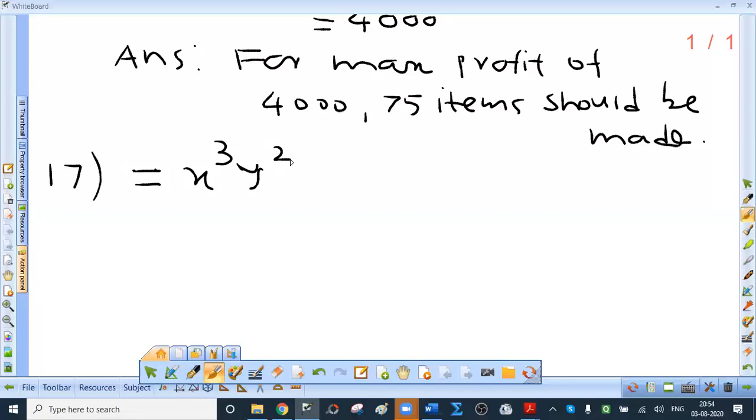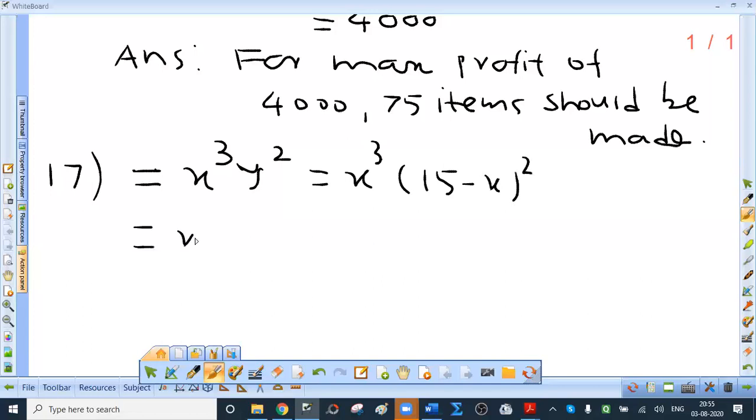Okay. So I will not say x square y cube because I have eliminated y. In that case, I will have to find the cube of it. It is better to find the square instead of the cube. So the required product equal to x cube y square, that is x cube into, what is y? Y is 15 minus x. So 15 minus x bracket square.